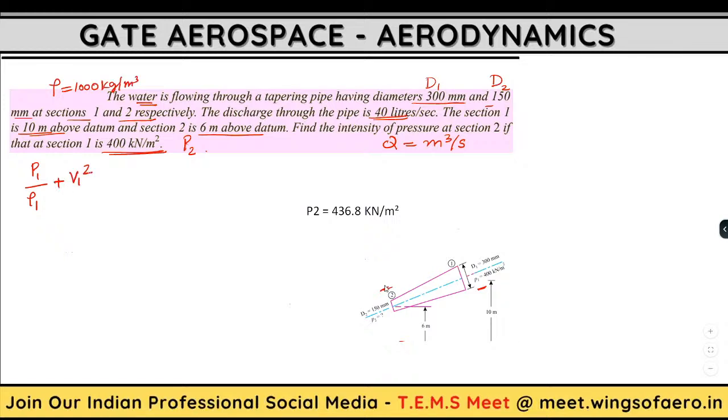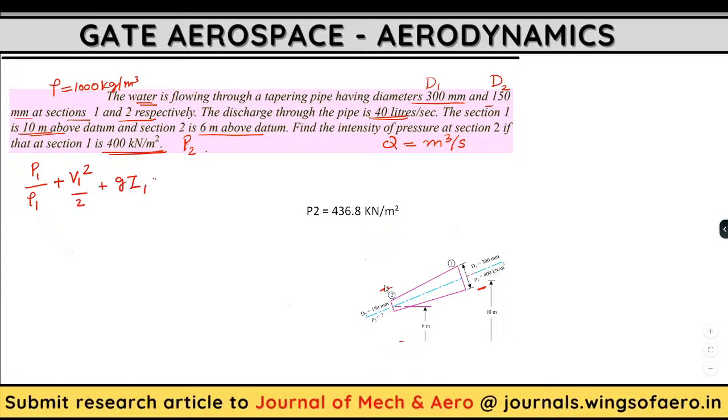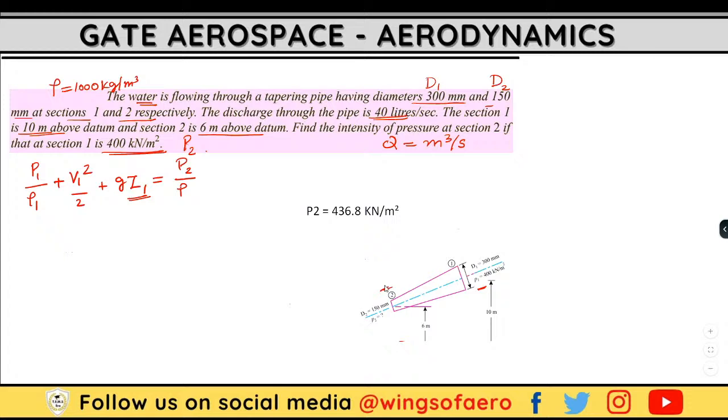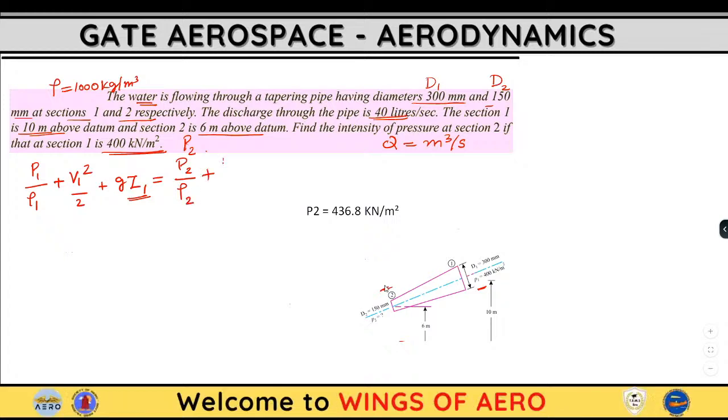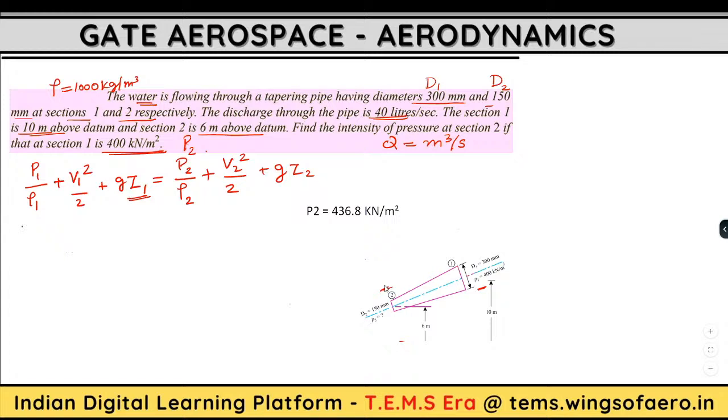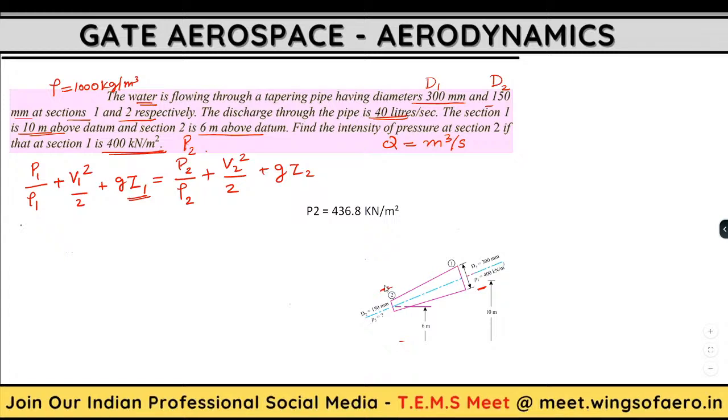Then V1 square by 2g plus, here they have given the datum line, so you have to utilize this potential, you can say potential or datum energy. Like the previous one, you have the diameter, you have the discharge.